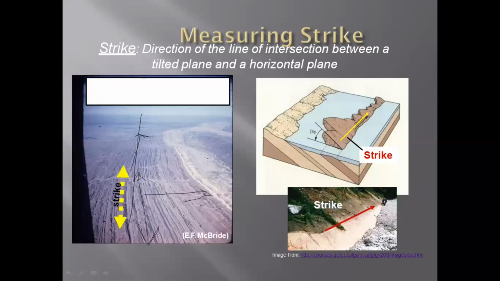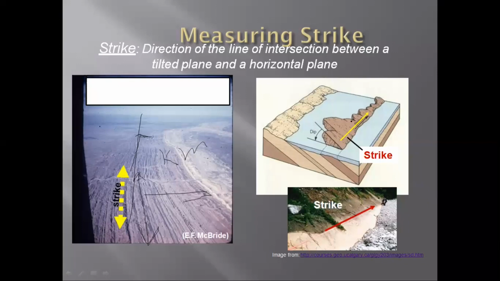As you can see here, this was maybe taken from an aeroplane, and this area maybe represents tens of kilometers. So this area represents kilometers, and how do we do the measurement?